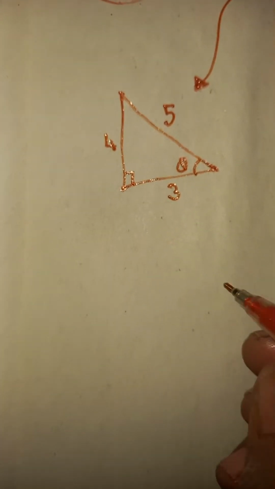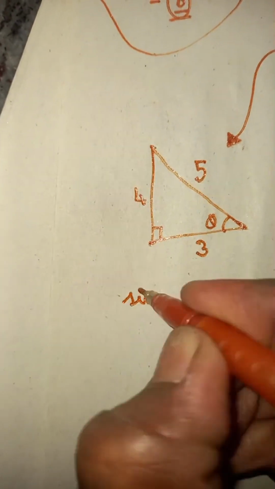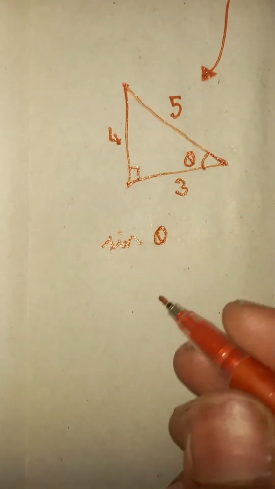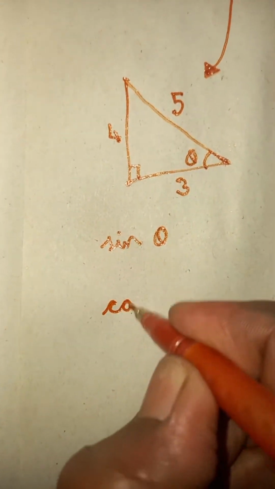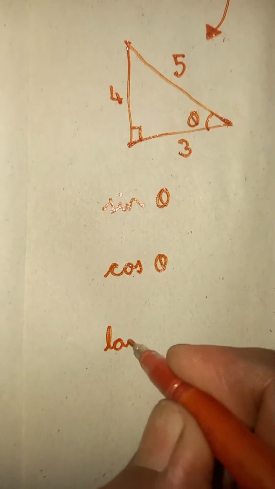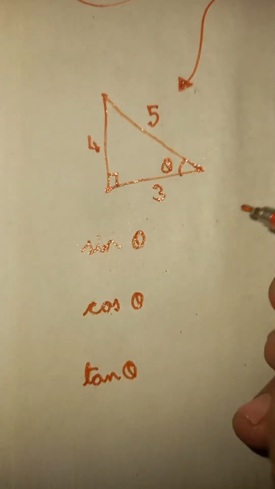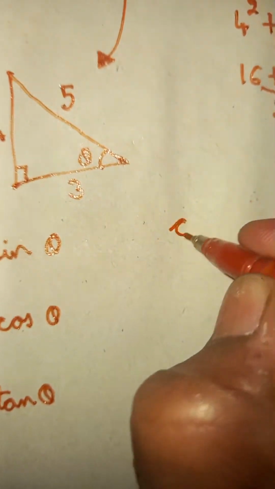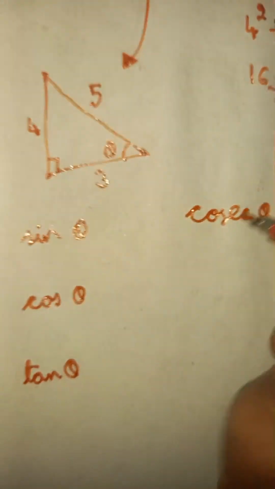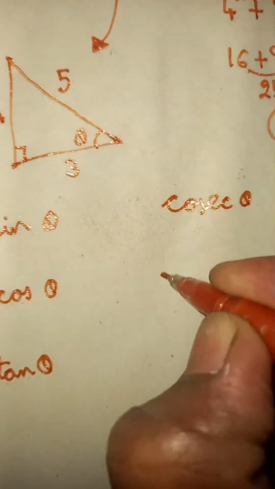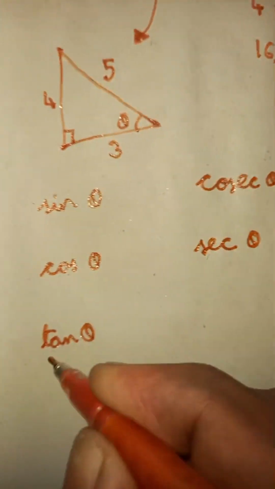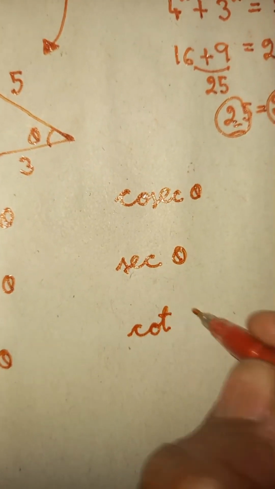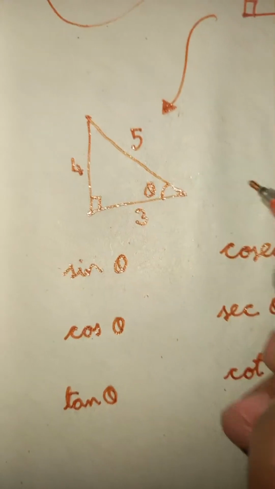The 6 symbols of trigonometry are sine of theta, cos of theta, and tan of theta, and their reciprocals: the reciprocal of sine theta is cosecant theta, the reciprocal of cos theta is secant theta, and the reciprocal of tan theta becomes cot theta.